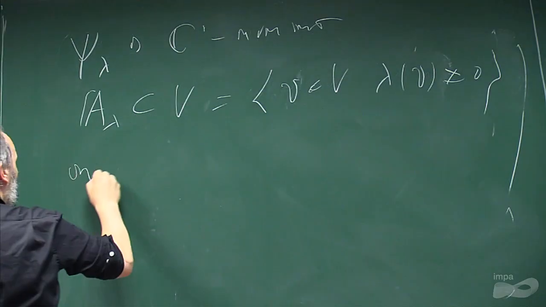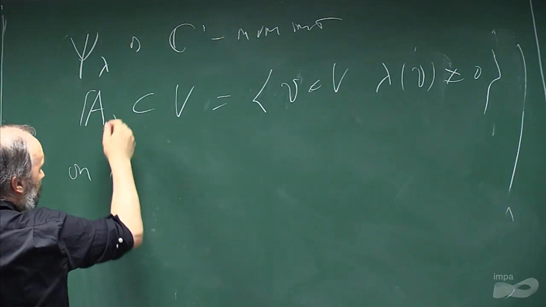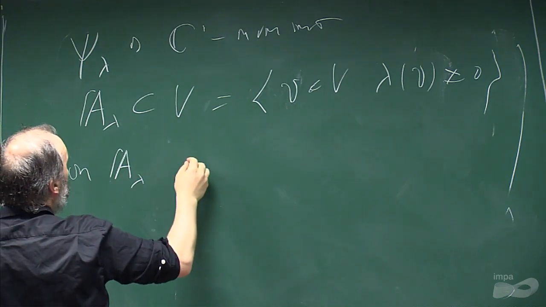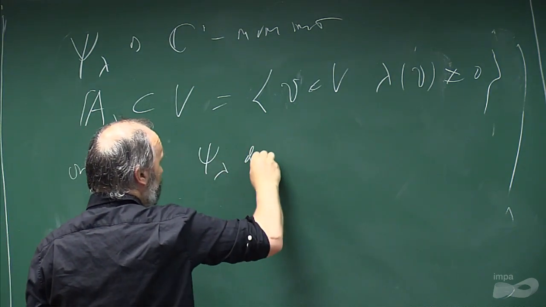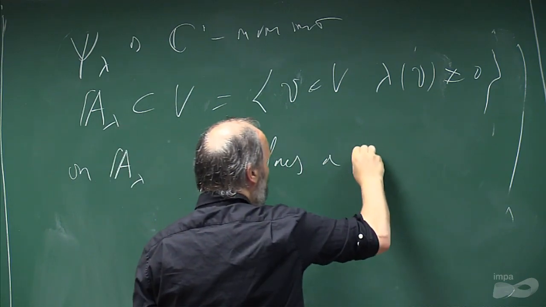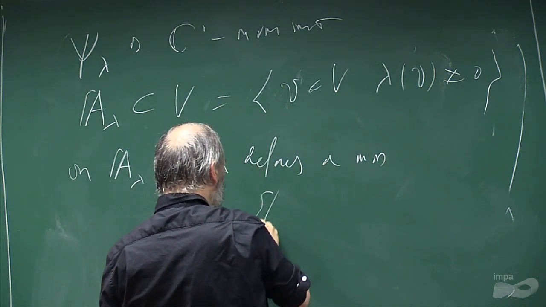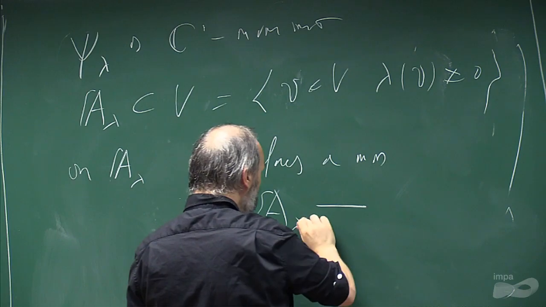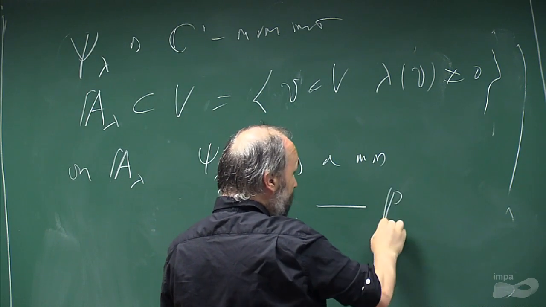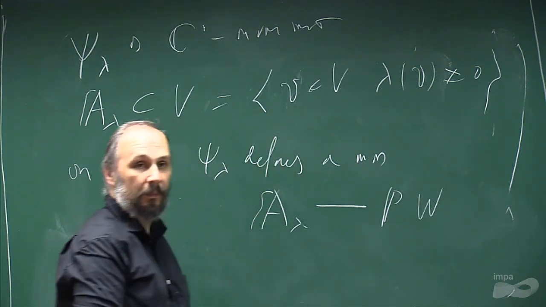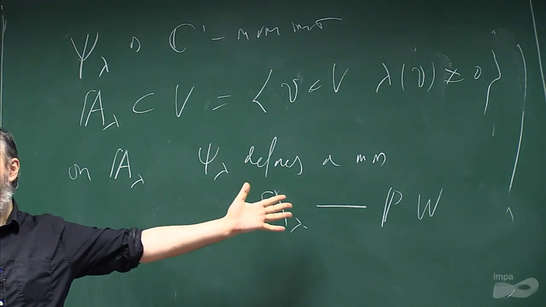So on this chart, this map psi lambda defines a map from A lambda to the projectivization of W. Because here it's non-zero, it's well defined.